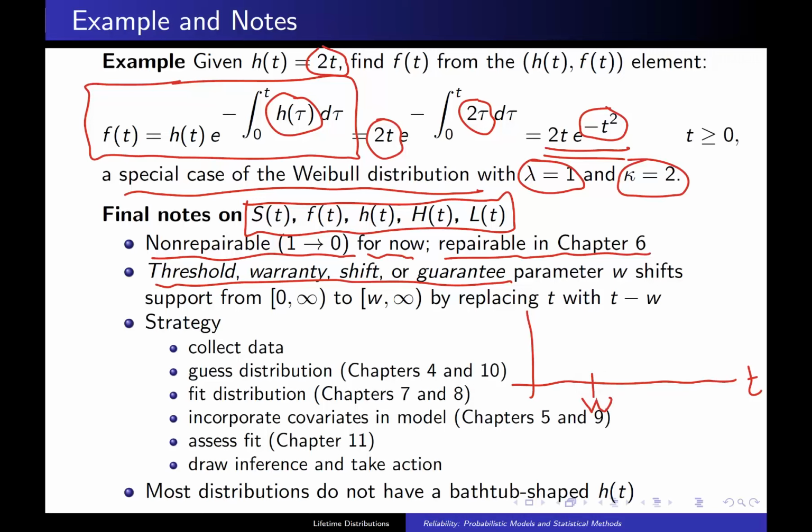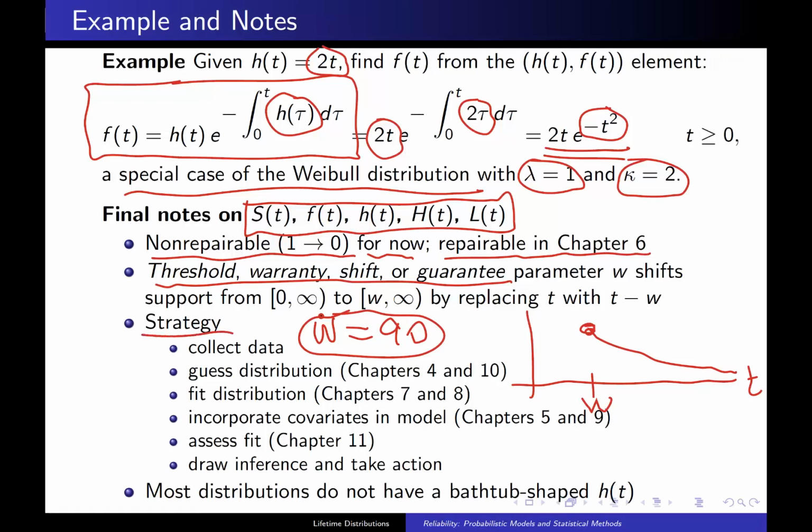So W stands for warranty, and what it does is it shifts the distribution so that rather than starting from 0, it starts from W. So if you have a product that has a 90-day warranty, then W would be equal to 90, and the distribution would shift to the right. And so from the consumer's point of view, there are going to be no failures prior to time 90.